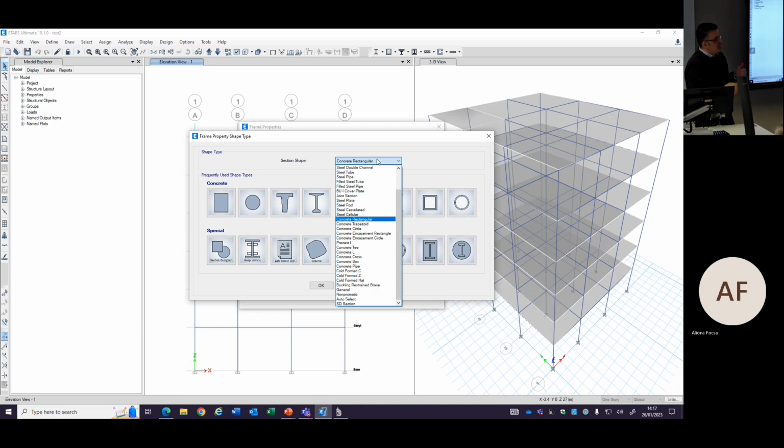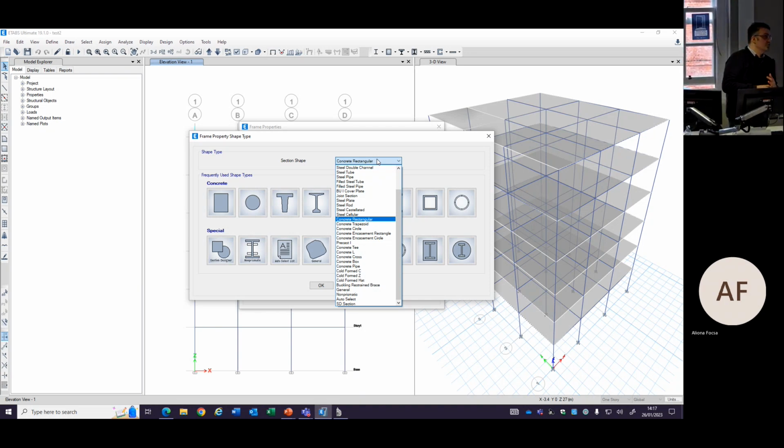ETABS has a fantastic tool to calculate that graph for you for any kind of section you need.